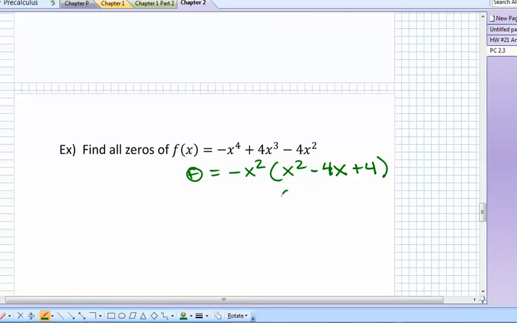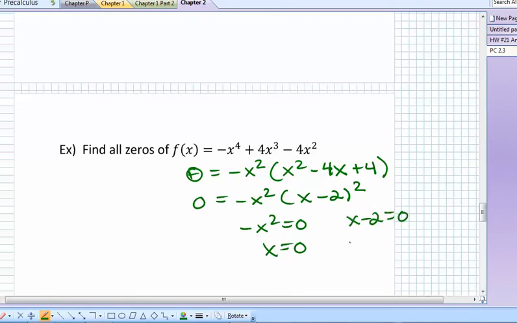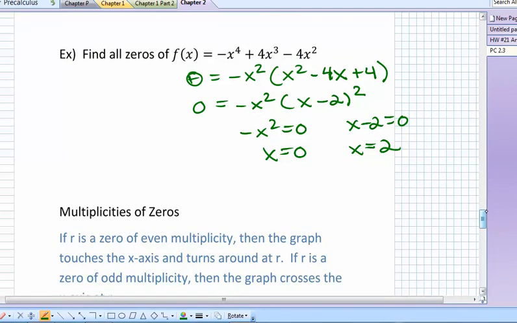And then I factor this, it gives me x minus 2 squared. When I set it equal to 0, negative x squared equals 0, so that means x equals 0. And x minus 2 equals 0, so x equals 2. So this graph would cross the x-axis at 0 and 2.